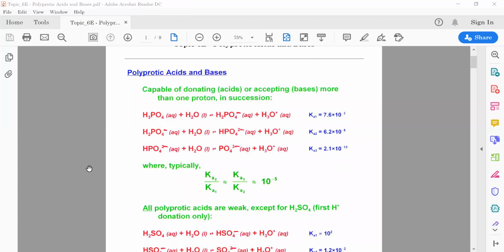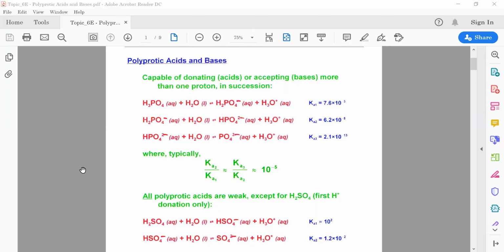Now, all polyprotic acids are weak ones, except for one important exception, sulfuric acid. For sulfuric acid, it's a diprotic acid, of course, the first proton, which is donated to a water molecule to form a hydrogen sulfate ion, conjugate base of sulfuric acid, and a hydronium ion, behaves like a strong acid.